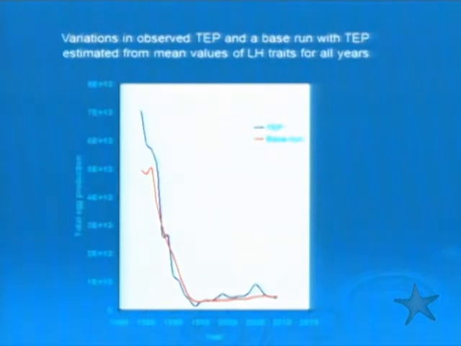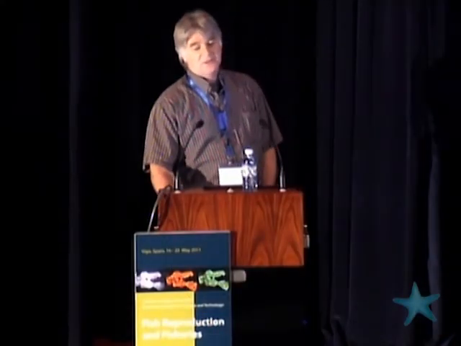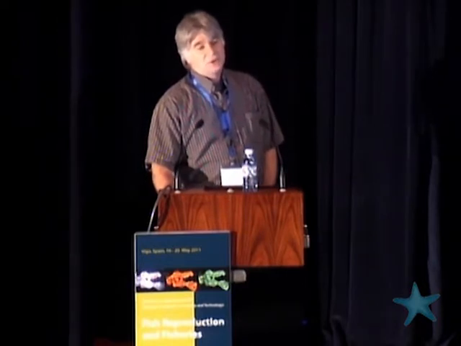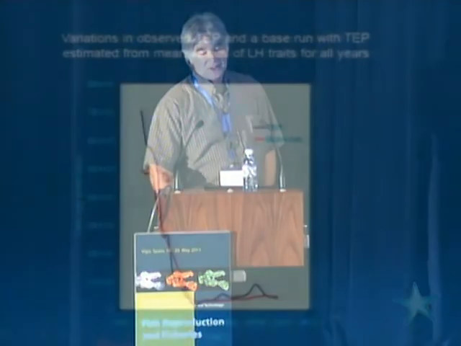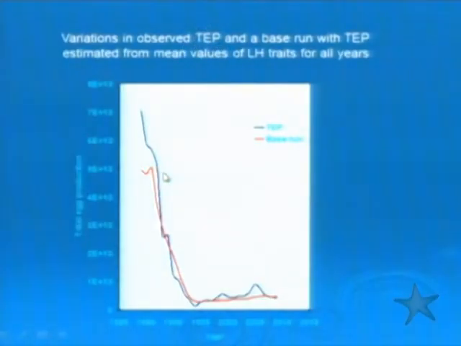But if we want to see how the different life history traits influence the total egg production, we can calculate a base run where total egg production was estimated from the mean values of all life history traits for all years. The red line here represents that value. Depending on the time, the observed total egg production is above or below that value.